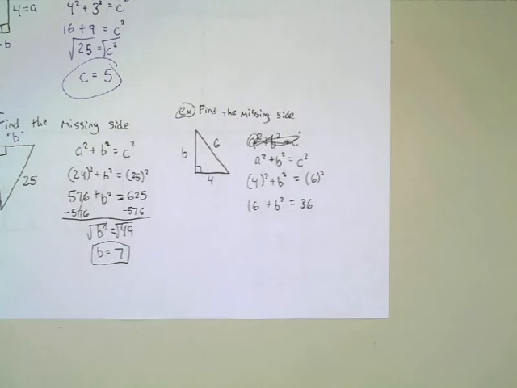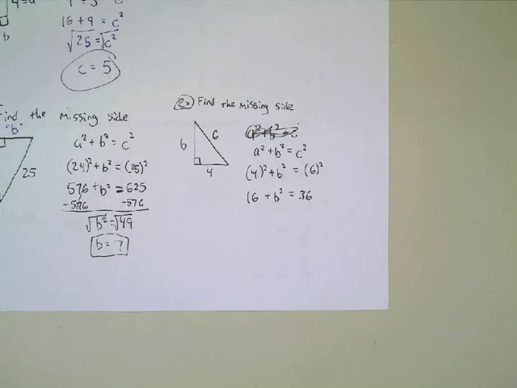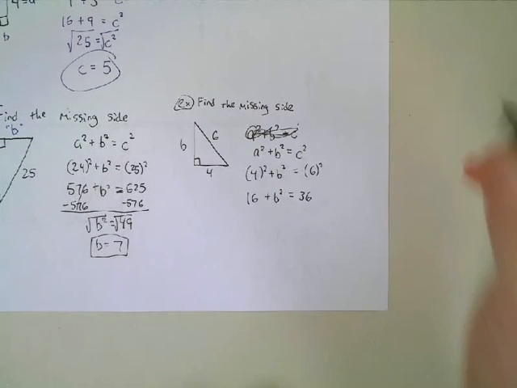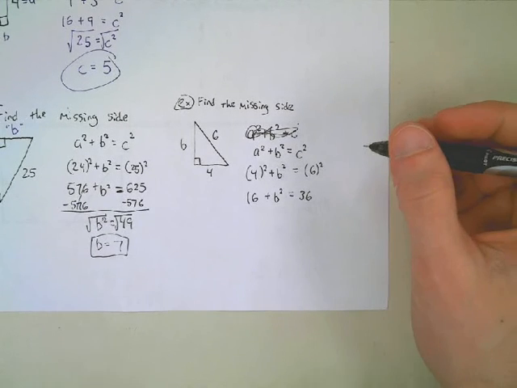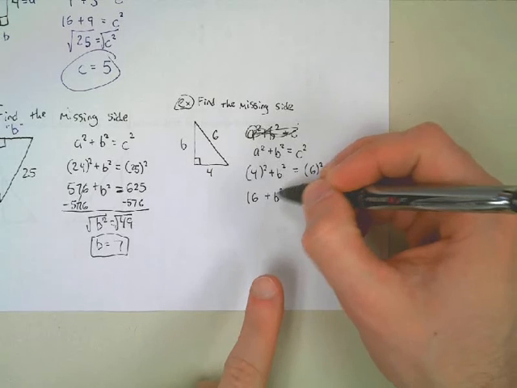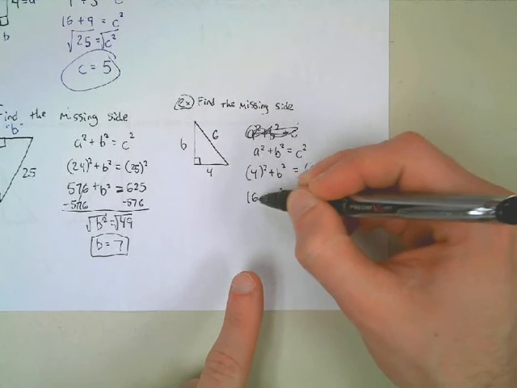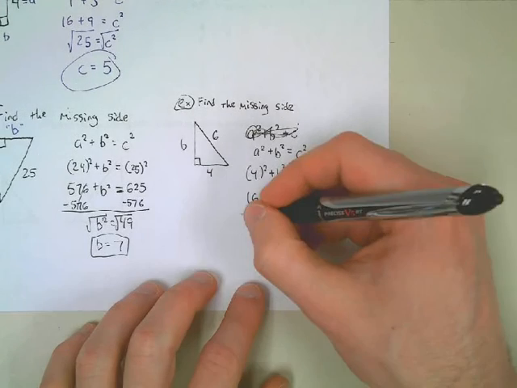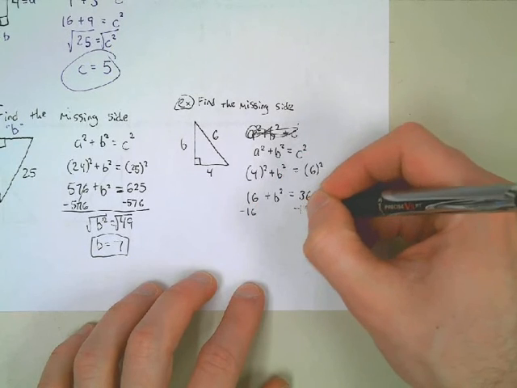Okay? Column W, what should I do for this next step? Not yet. We want to get the B squared by itself. We still have this 16 we got to deal with, so subtract 16 from both sides. So we get 36 minus 16, which is 20.